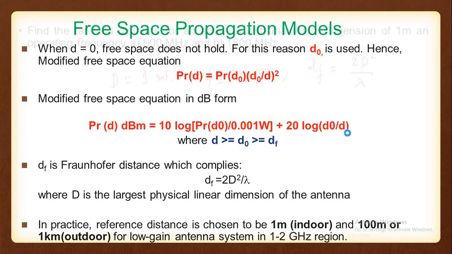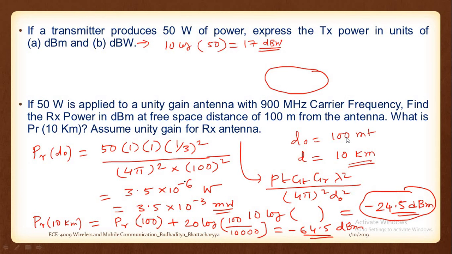Same thing happened. Please remember this generic form also, because in order to get the exact solution, you will need this. Suppose one of the problems you get is, instead of using the last equation for 100 kilometers, you substitute the data in the first equation, with 10 kilometers, and you get the answer.